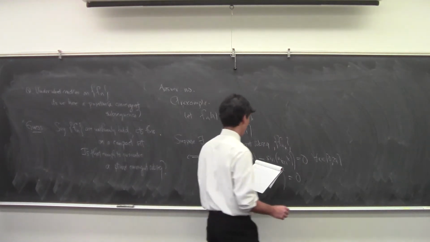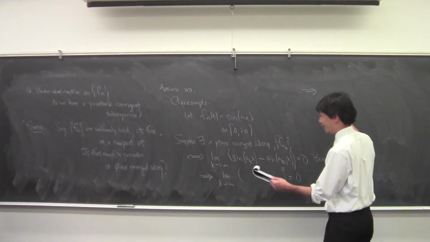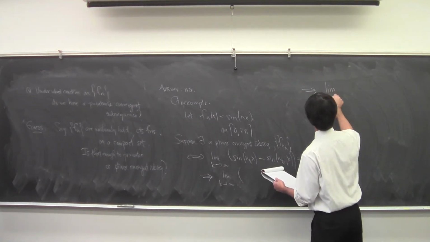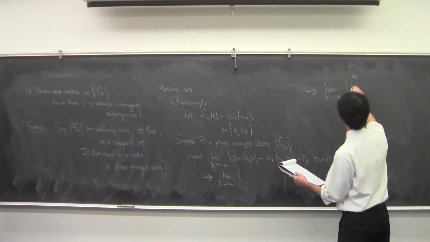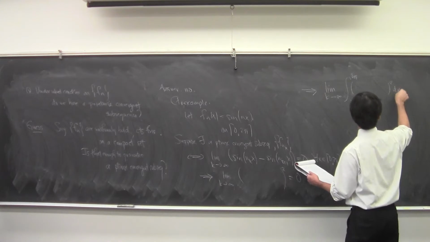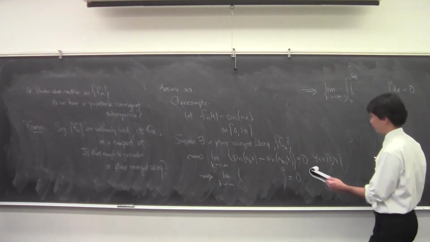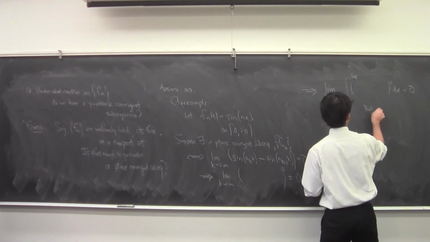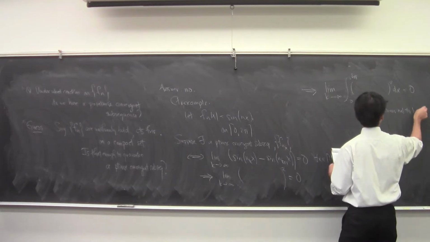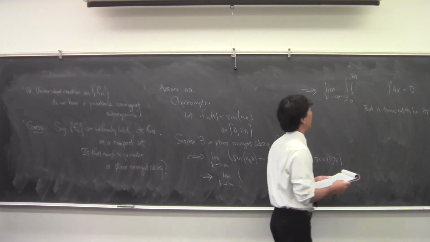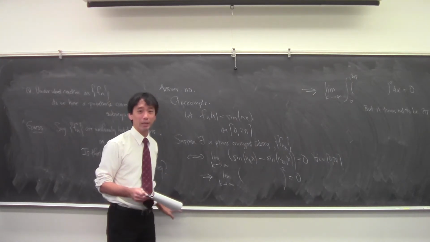And that would imply, via a theorem that you don't know yet, that the limit of the integral over that interval of the squares would be equal to 0. But it turns out to be constantly equal to 2 pi.